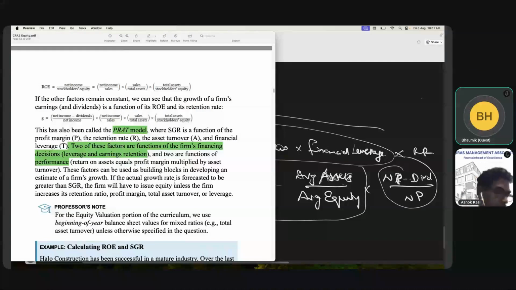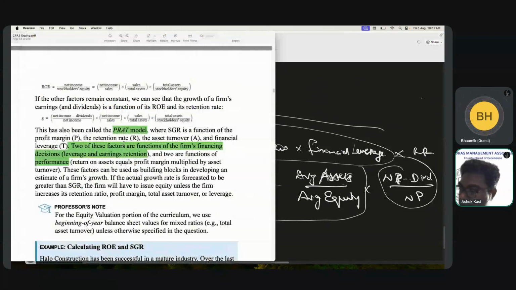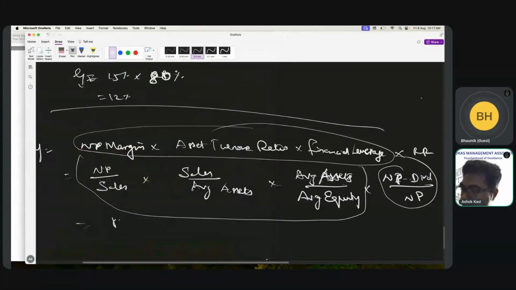This is what is called the PRAT model. PRAT: P stands for profit margin, R is retention ratio, AT is asset turnover, and leverage they address as T. So the PRAT model is this one.